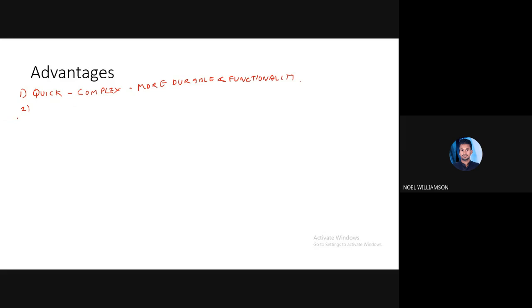Second one, regarding the production rate: fast build time, or the production rate is fast.